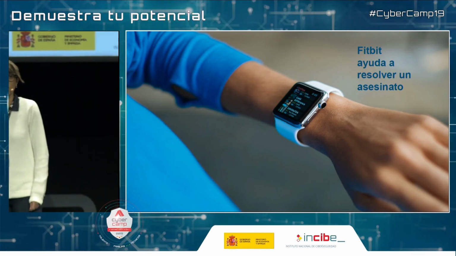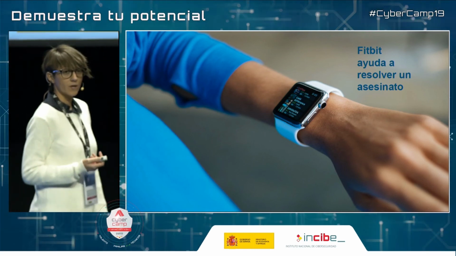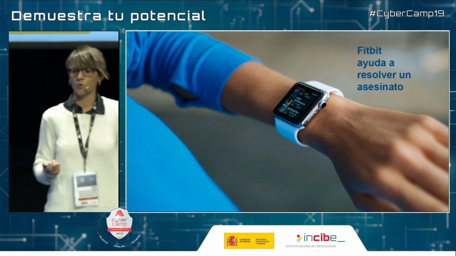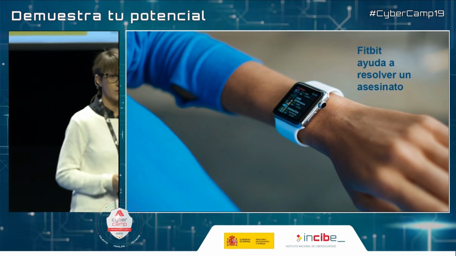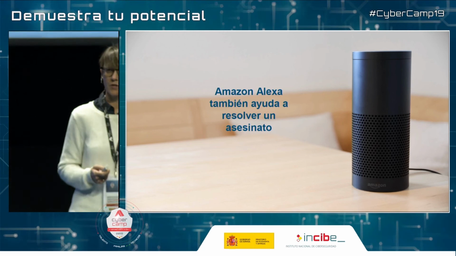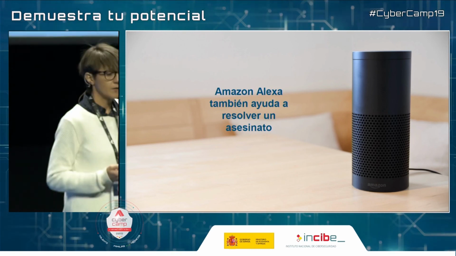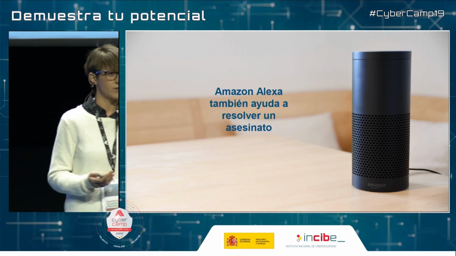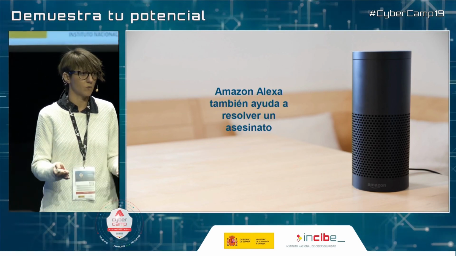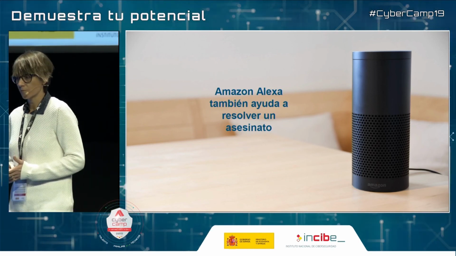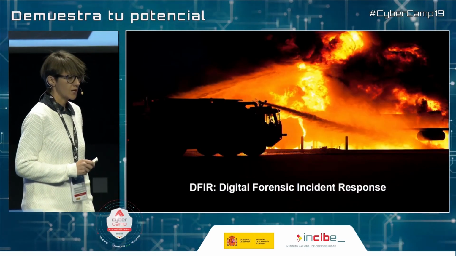We can even find it in more particular cases, such as a smartwatch that has been used as a test, and often they have actually been used in legal cases as proof. In the particular case that I'm thinking of, it was to determine who was a murderer. We also have the Amazon Alexa case that was used in court. So we have different scenarios where we have different pieces of proof, but they all come down to the same thing. It's having proof of something that is going on in a system in order to resolve a situation, an incident or similar.